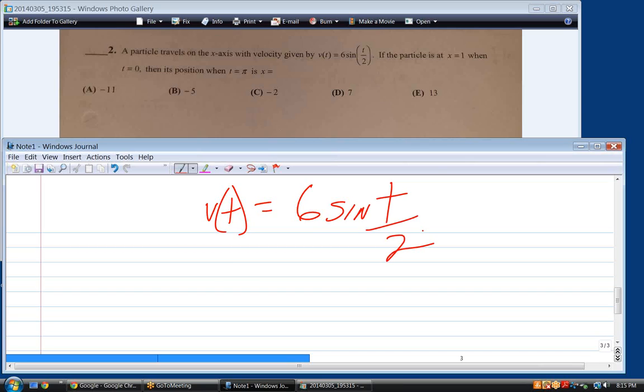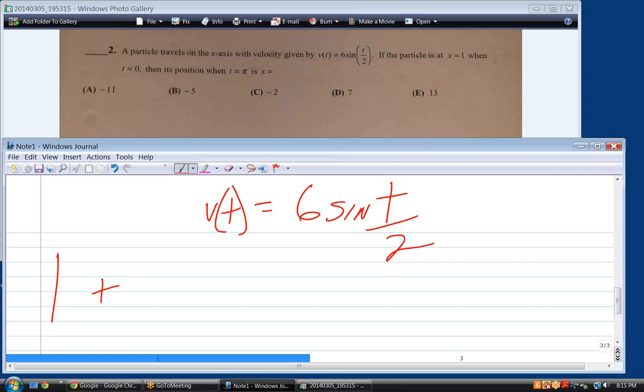If the particle is at x equal 1 when t is 0, then its position when t is pi is going to be 1 plus what? 1 plus... Plus the displacement between 0 and pi, right?